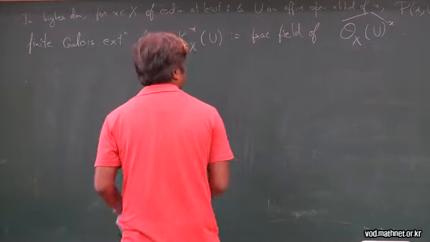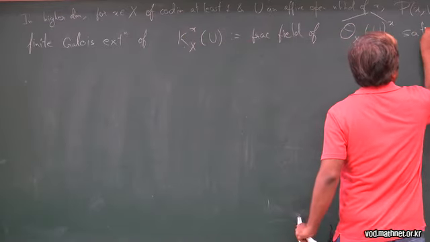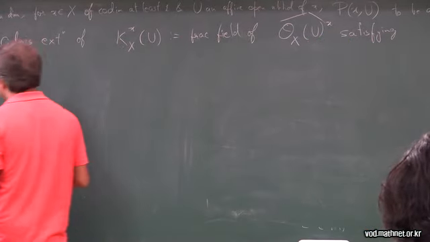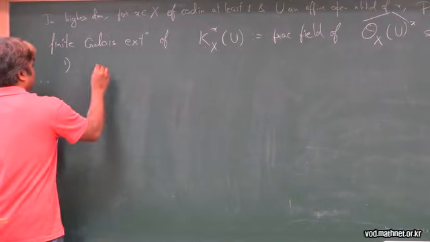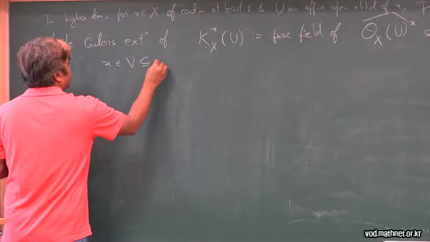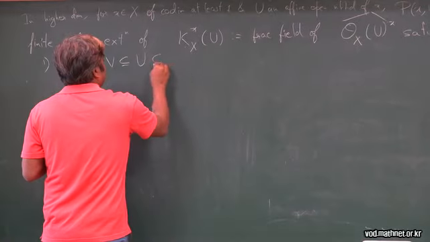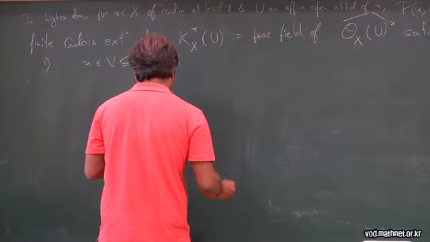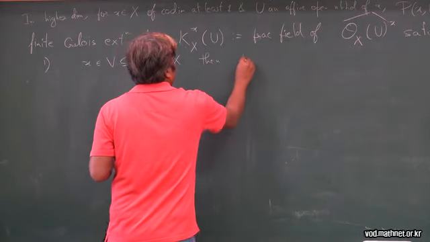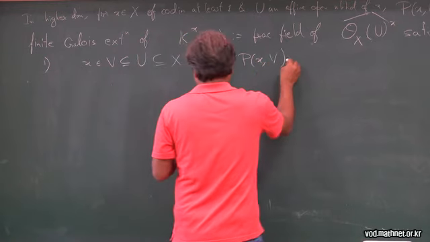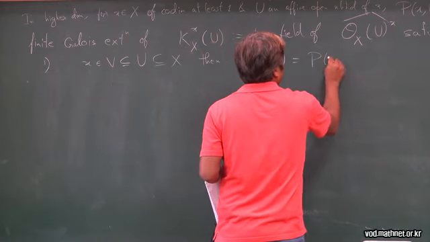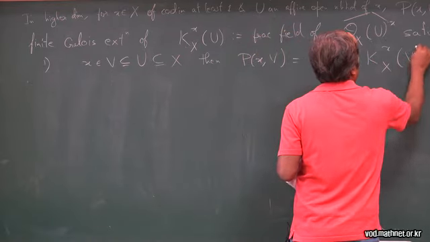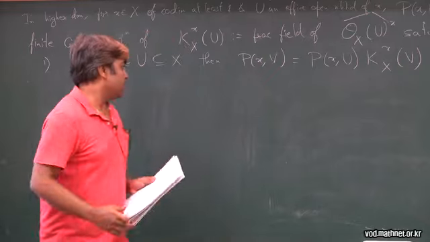One of them is: if x is contained in V, contained in U, contained in X, where these are both affine open neighborhoods of x, then P_xV should be equal to P_xU tensored with K_xV.